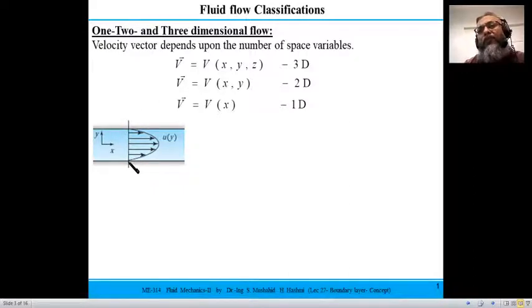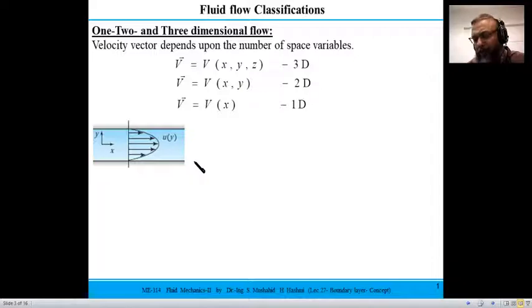But if you see the velocity profile here, the velocity vector is a function of one variable, y. When y is, let's say, 0 here, you have a maximum velocity, and at y equals some distance b, you have zero velocity. So this would be called a one-dimensional problem, because in order to calculate velocity, you need only one space variable.